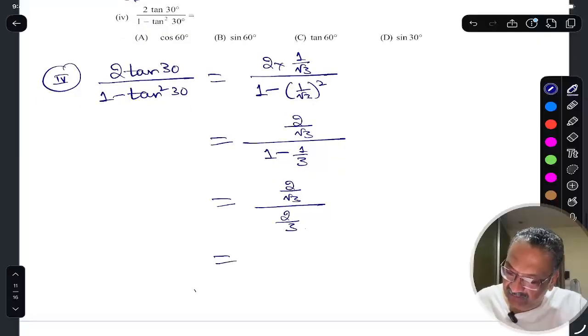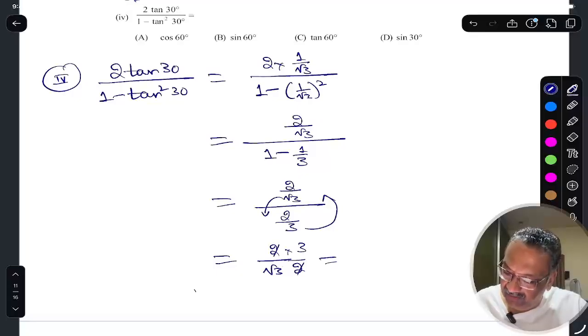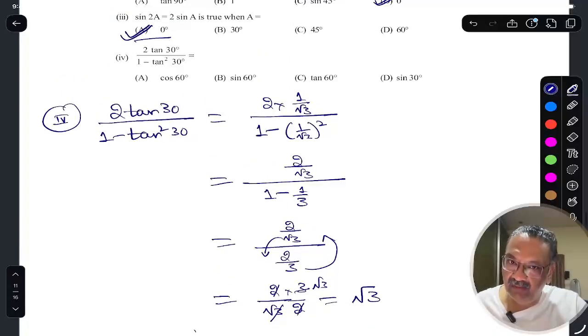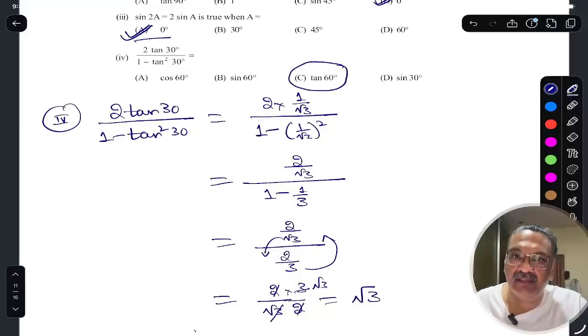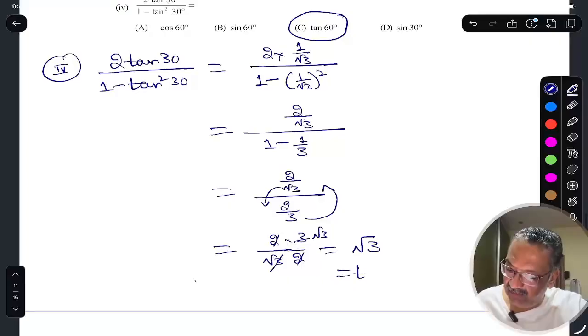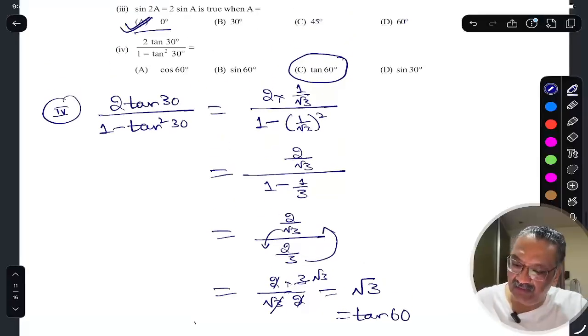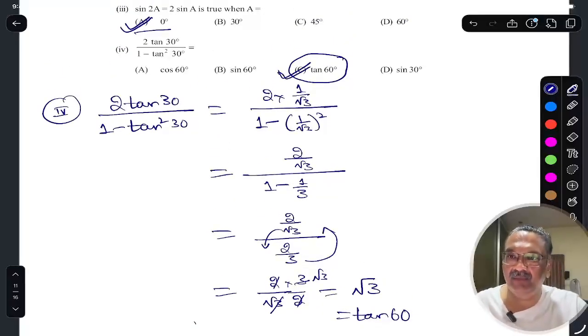This 3 goes up and this root 3 comes down. 2 divided by root 3 into 3 by 2. So 2 and 2 cancel. Root 3 ones are root 3s, we get root 3. So in the given answers, which one matches root 3? Yes, we have got tan 60, which is root 3. This is equal to tan 60. So the answer is C.